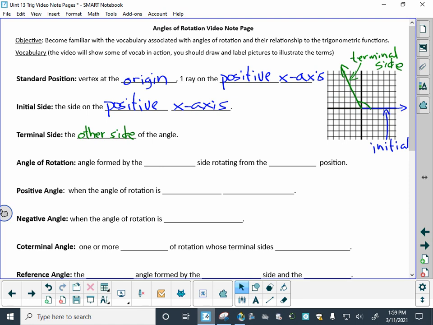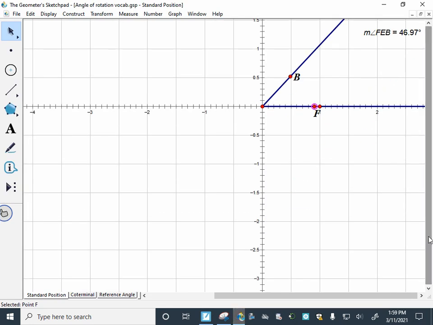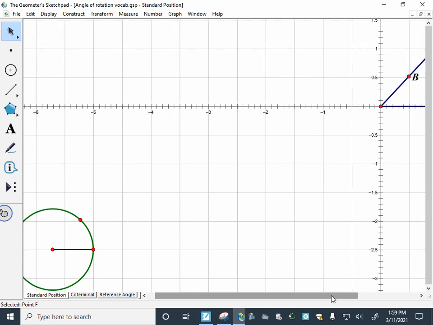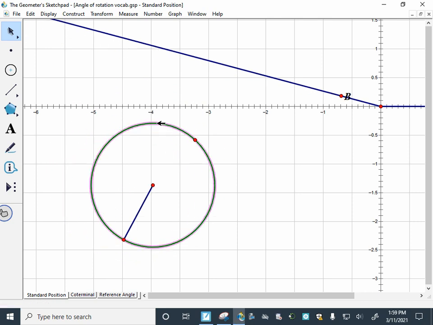So an angle of rotation is the angle formed by the terminal side rotating from the initial position. Our vision of this is that we've got both rays laying along the positive x-axis. Let me see if I can demonstrate that in my document over here. I think I've got something else stashed over here that's going to allow me to do that. Let me try to move this around a little bit.